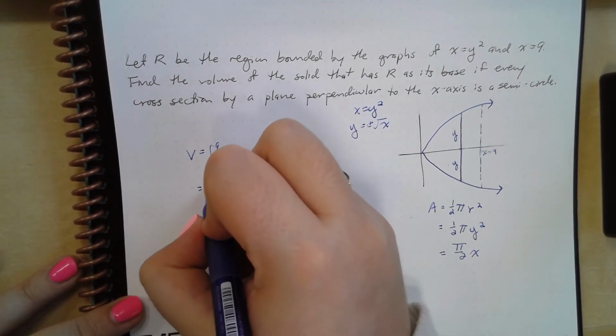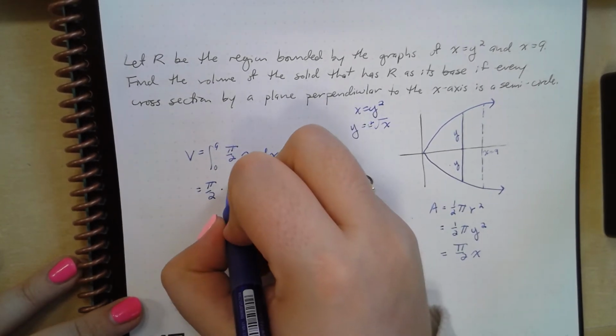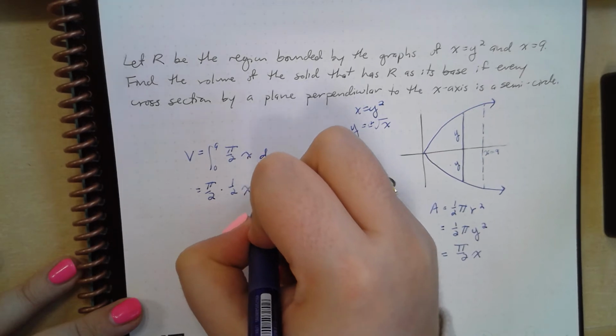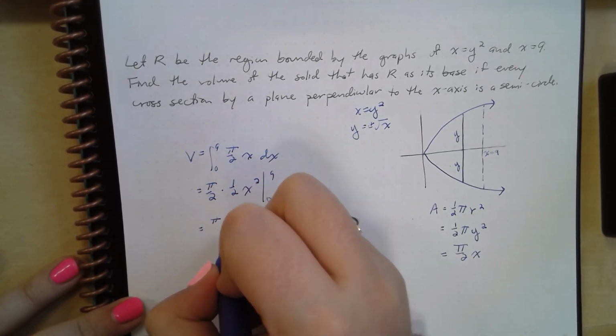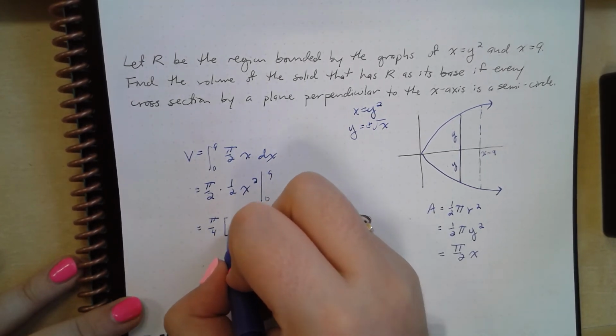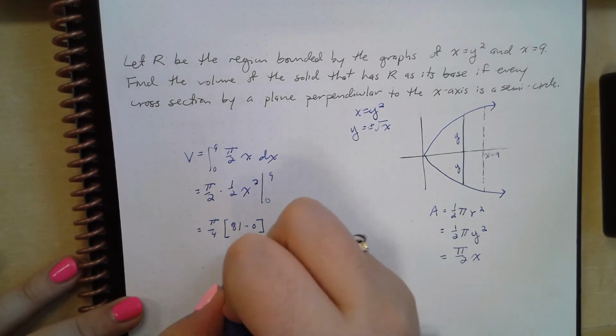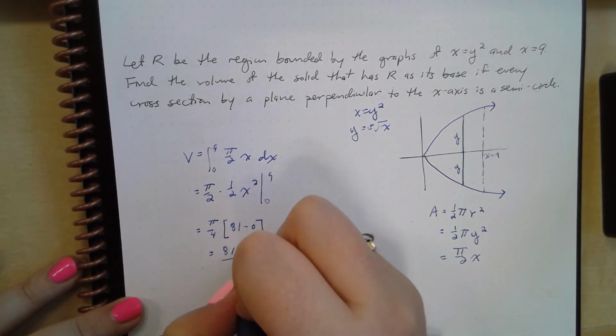This is just equal to pi over 2 times 1/2 x squared from 0 to 9. So we're going to have pi over 4 times 81 minus 0. So our volume is 81 pi over 4.